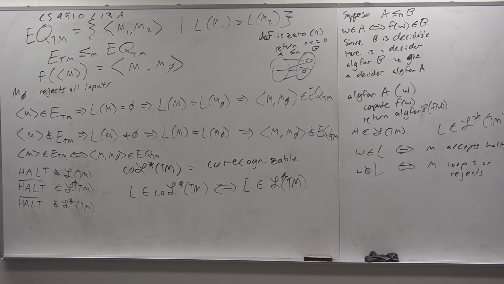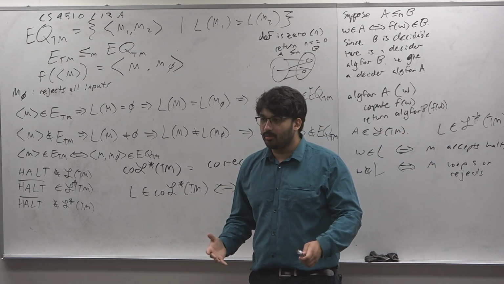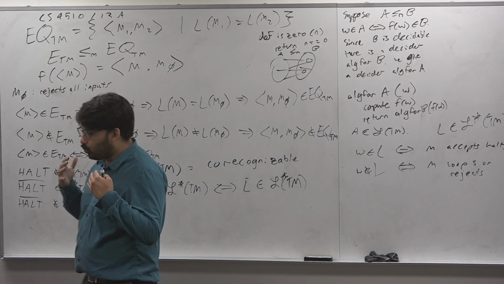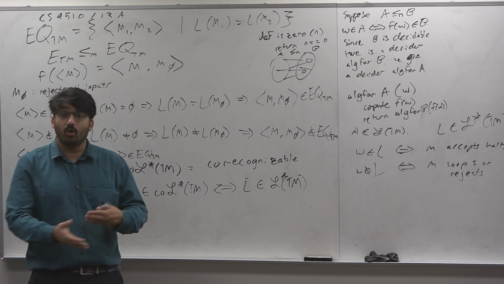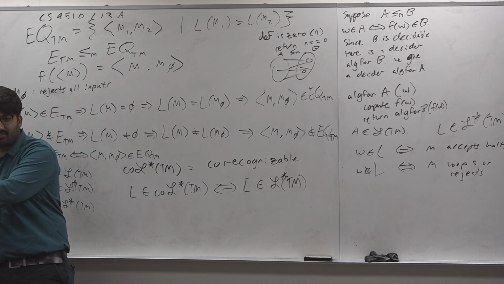That's a way to recognize, right? You can determine if a machine is not empty by trying to run it on all inputs, then waiting for it to accept. Now if it accepts a string, you are convinced that it is not empty. So you can determine if a machine accepts a word by just seeing it accept. Then you know it's not empty. But you'll never know if it is empty because you don't know if that's never going to finish.